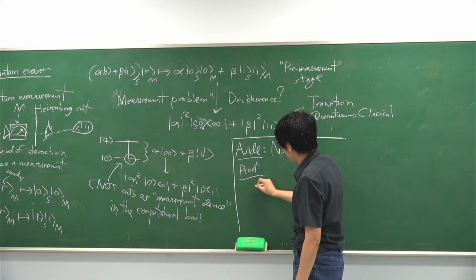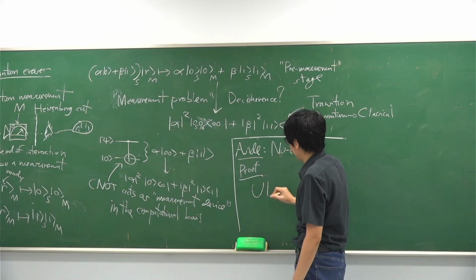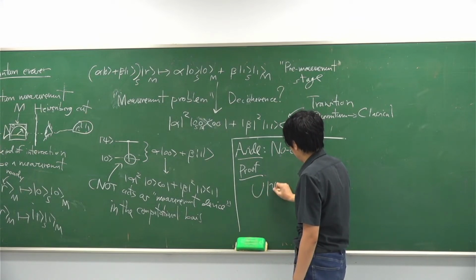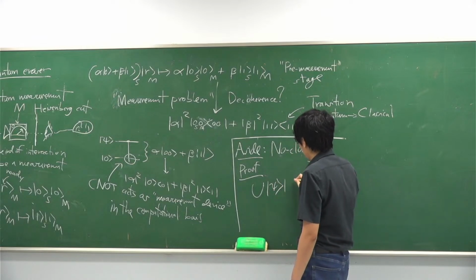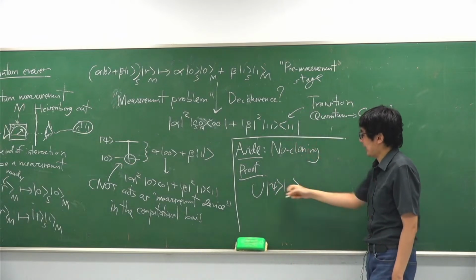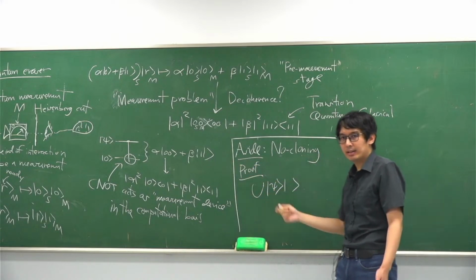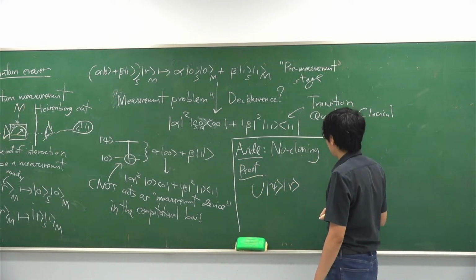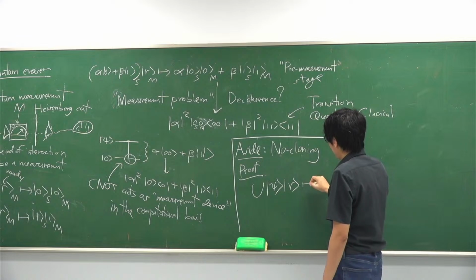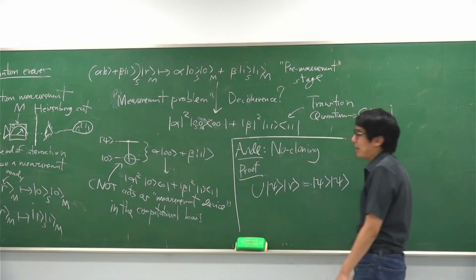Suppose that I want a unitary that does the following: if I have state psi and then I have the ancilla or the meter in some ready state, I want this to make a copy.